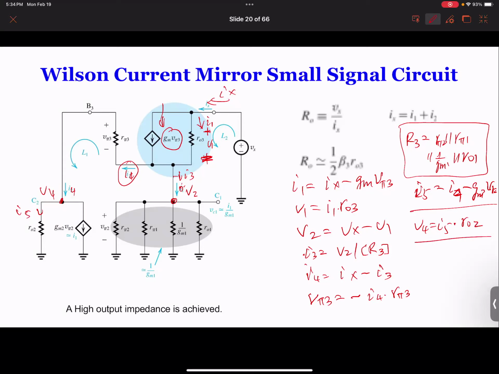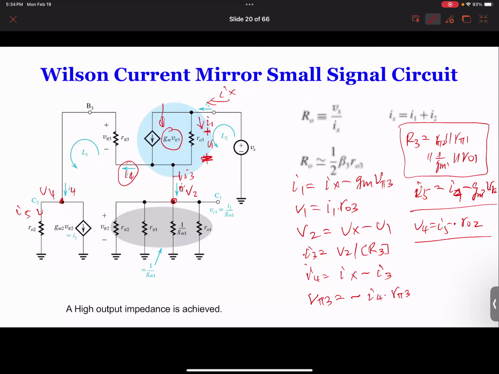So we got I5, and then we have V4 equal to I5 times RO2. So every step, you just simply manipulate to figure out each one. From Ix minus the current of this one, get the current of this one. Current times this resistance gets voltage. This voltage minus this voltage gets this voltage. This voltage divided by this resistance gets the current. And that current minus this current gives you this current. And this current times that resistance gets that voltage.